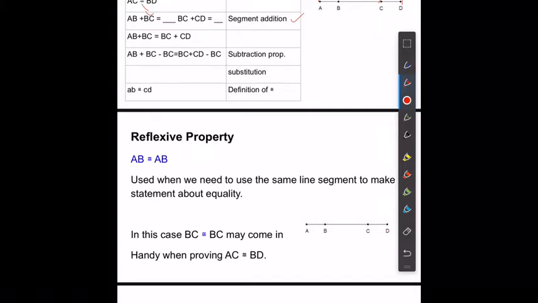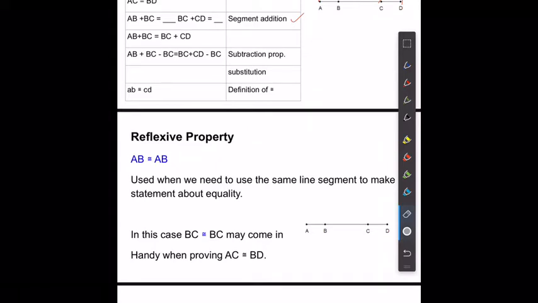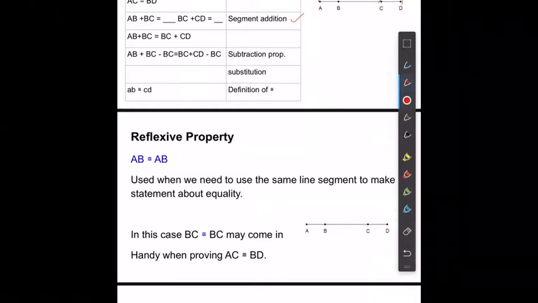And so oftentimes, you guys, you are going to see this come into play. Not every proof, but a lot of proofs we're going to do this step first. The step is, if we want to go from congruence to equality, to equals, the reason that I can say that if two things are congruent, they're also equal, is because of the definition of congruence.